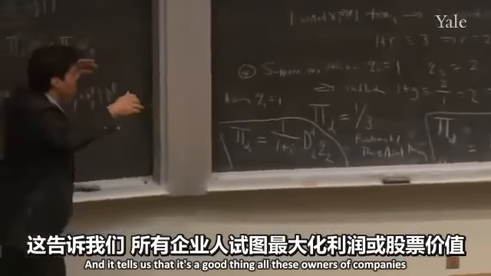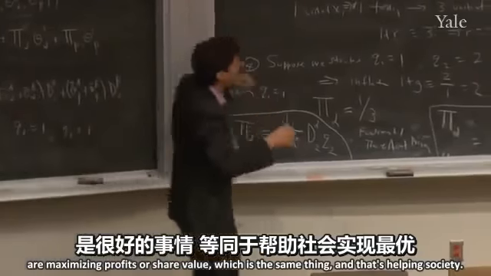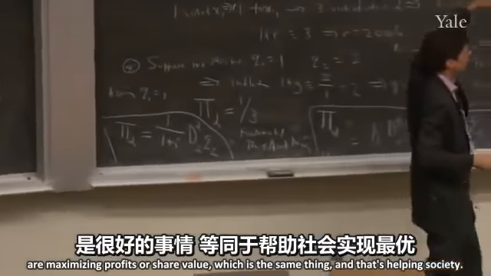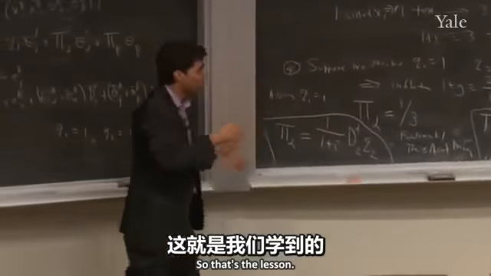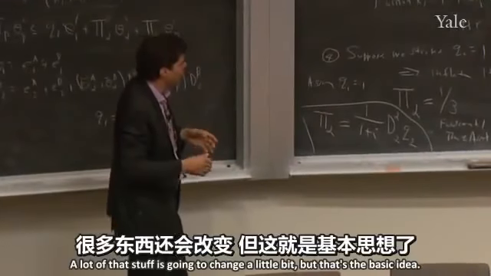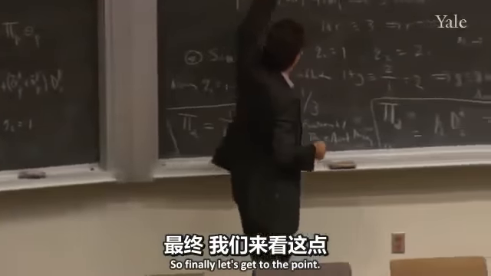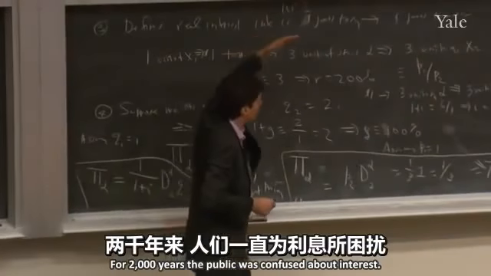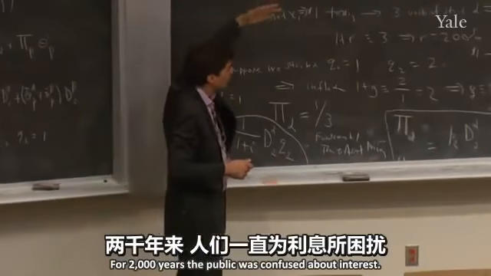And it tells us that it's a good thing all these owners of companies are maximizing profits or share value, which is the same thing, and that's helping society. Okay, so that's the Fisher lesson. A lot of that stuff is going to change a little bit, but that's the basic idea. So finally, let's get to the point. For 2,000 years, the public was confused about interest.